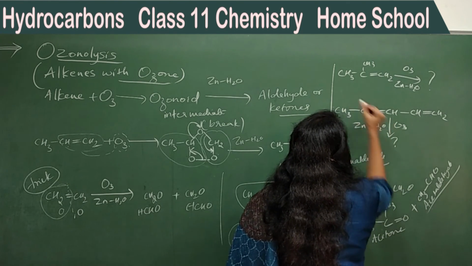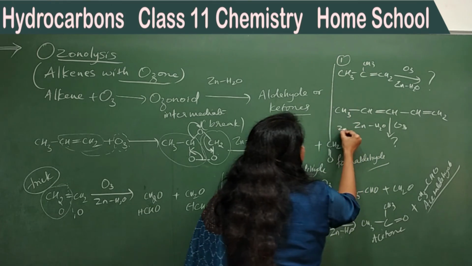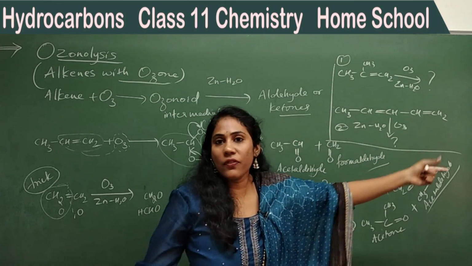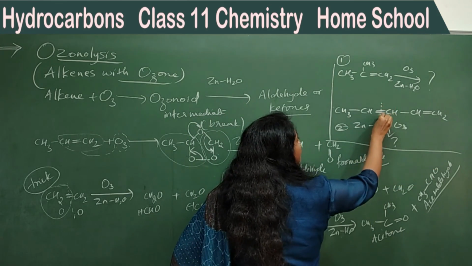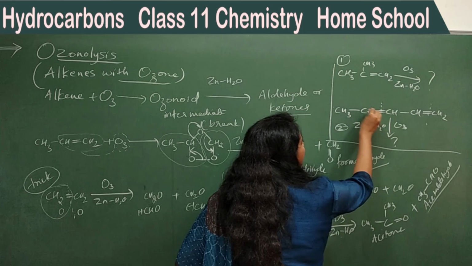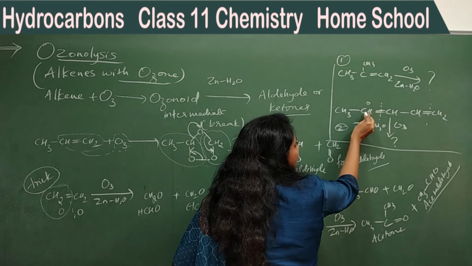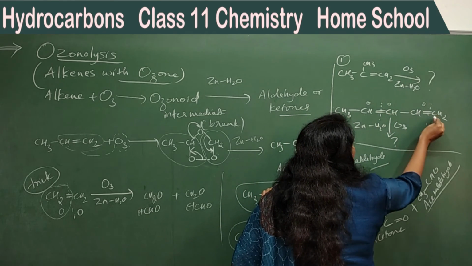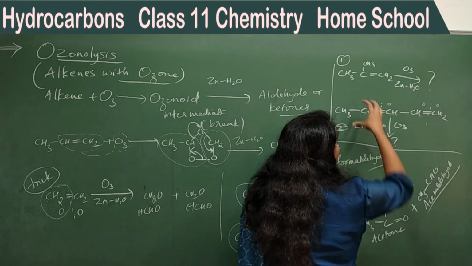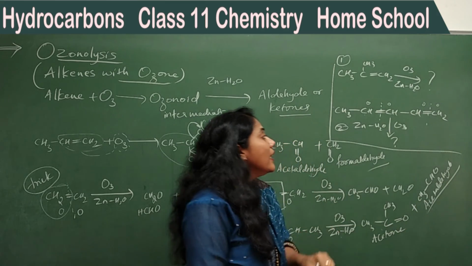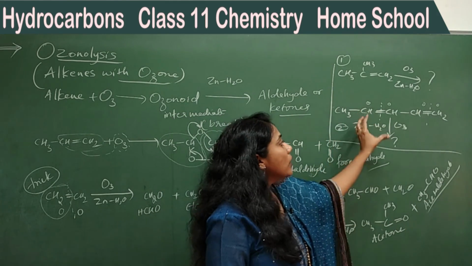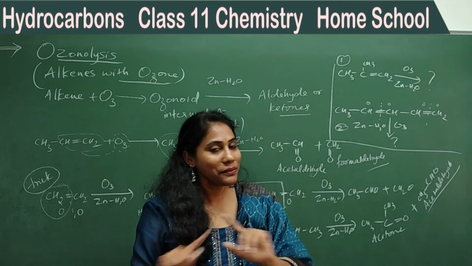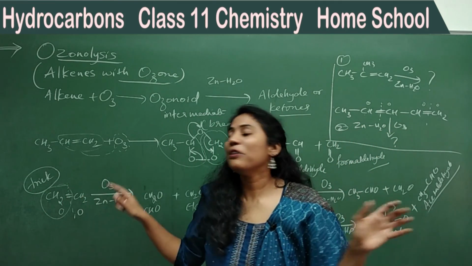Tell me what are the products. So this is question 1 and this is question 2. See here, two double bonds are there. Both bonds will break down. For this carbon, one oxygen. For this carbon, one oxygen. For this carbon, one oxygen. For this carbon, one oxygen. So carefully try to write the product and post the formulas or names of the products in the comment section. Okay, so that's all about the trick.